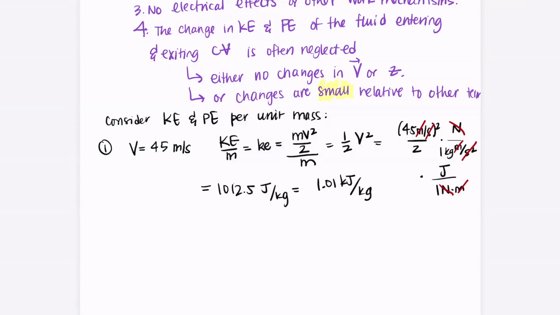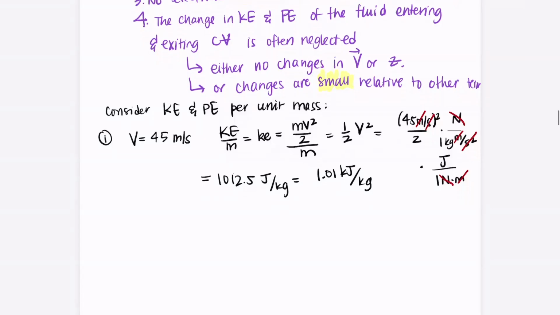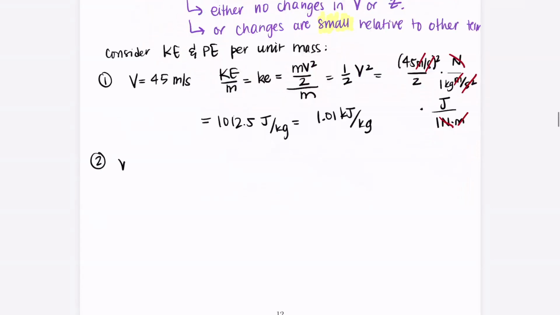Relative to some of the other energy terms, if you remember from the exam, for example, internal energy was in units of kilojoules per kilogram, and we were looking at numbers on the order of magnitude of 2000. So this 1 kilojoule per kilogram is not huge relative to that. Let's do another example: a velocity of 140 meters per second.